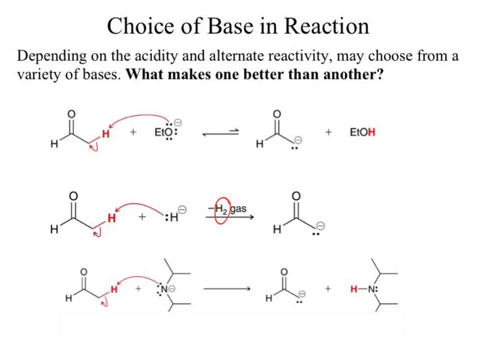What about the other 2? Just because it's bulkier isn't going to prevent the reverse reaction. Not a bad idea to look at size, but it didn't quite work out for us. We could start to evaluate where our charges are held.